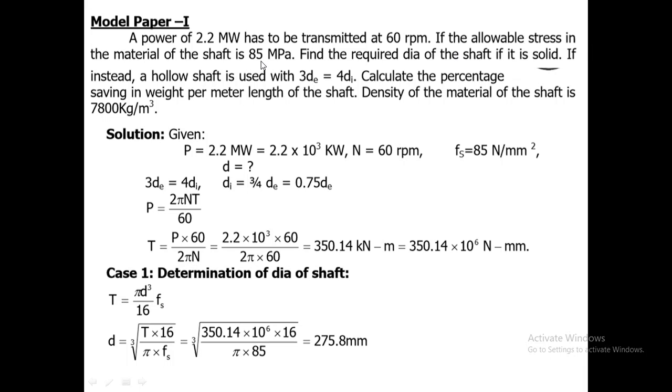The shear stress is given here. The allowable shear stress in the material is given as 85 megapascal. You have to convert that into Newton per millimeter square, so you should be careful while substituting the value. 85 megapascal is 85 into 10 to the power of 6 Newton per meter square, or 85 Newton per millimeter square.